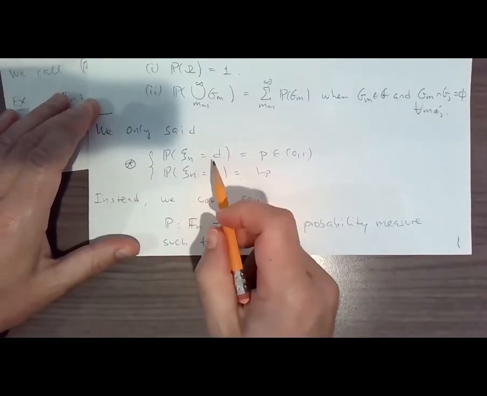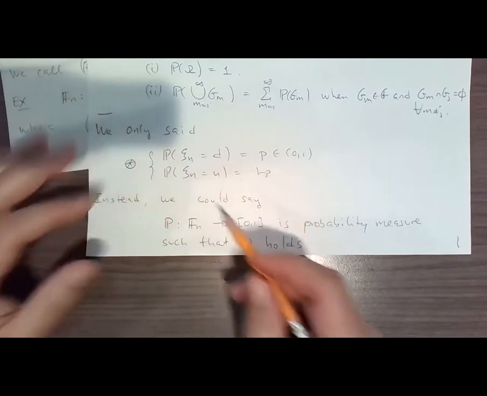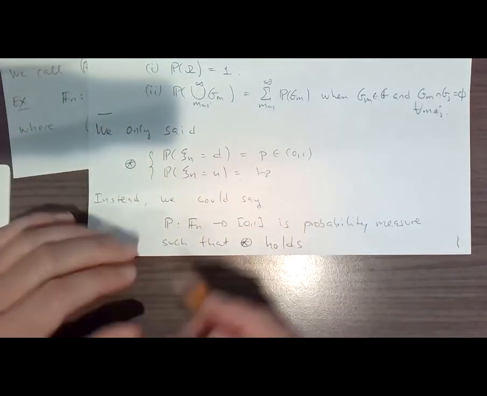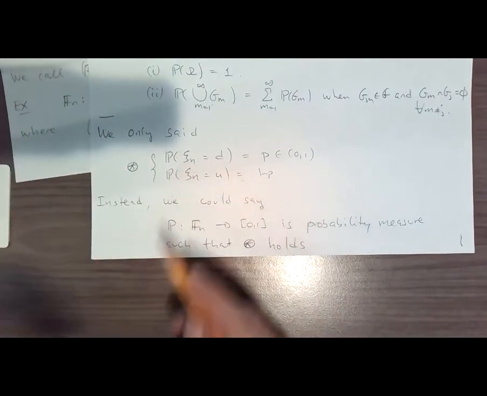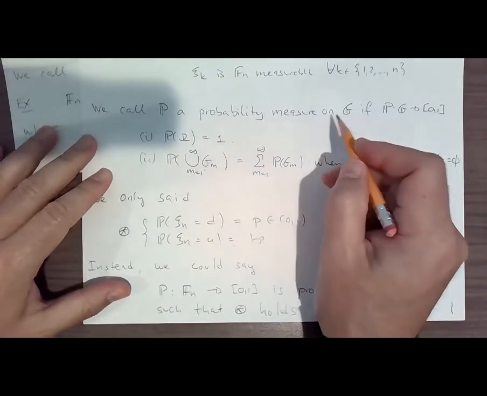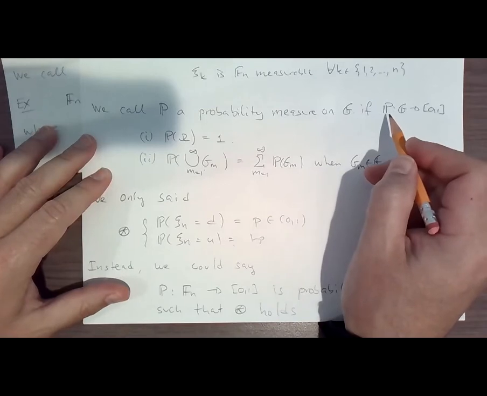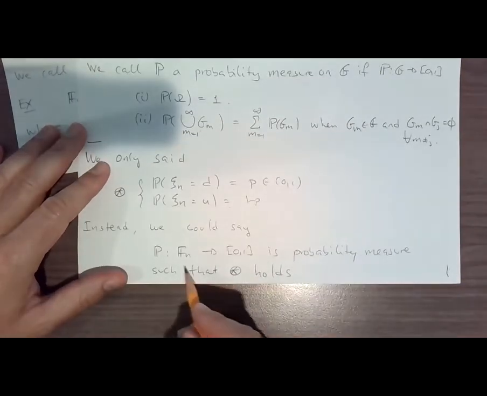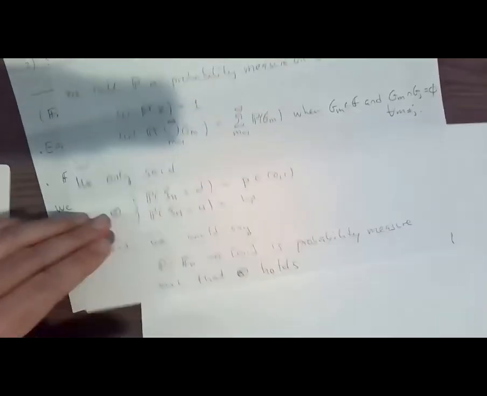But we were not being very specific about what kind of sets we were allowed to evaluate P on. If one wants to be more precise, you need to specify the domain of the measure. Here, this could be, for example, Fn.